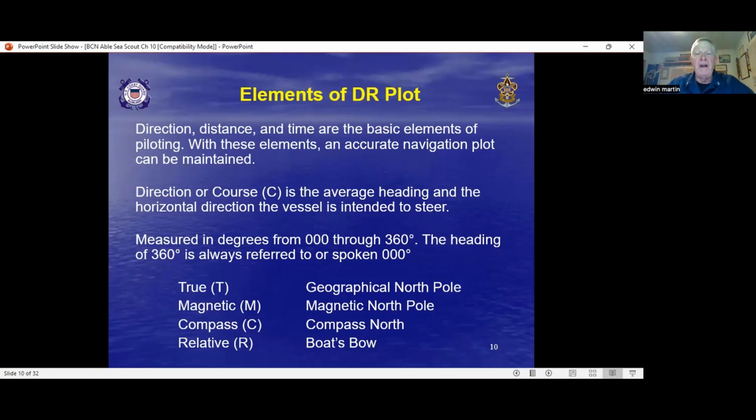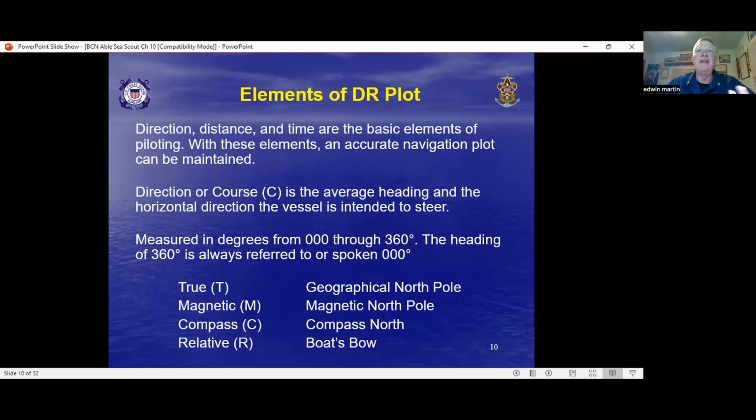You've probably already know this, looking at a compass rose, but the true is the geographical North Pole. Magnetic is the magnetic North Pole. The compass is compass north, and relative bearings are from the boat's bow.